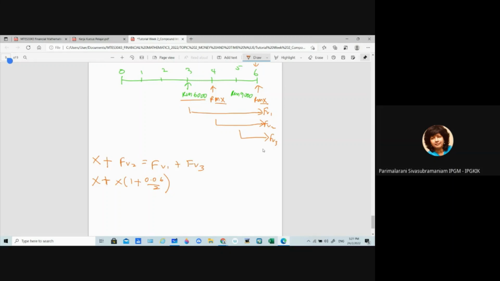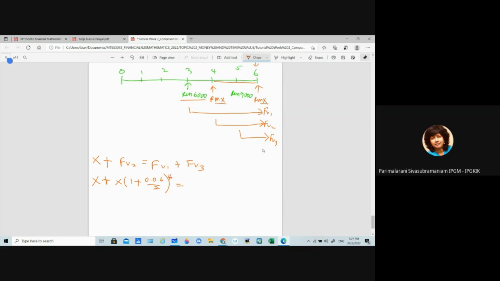What is the N here? N is m times t. M is 2. T from X here to here is 2 years. So 2 times 2 is 4.